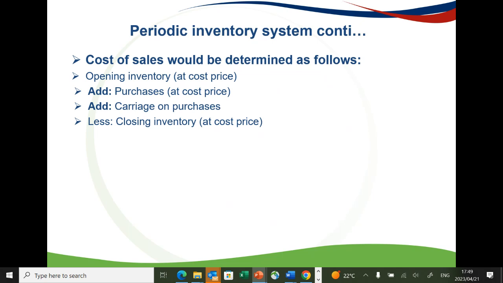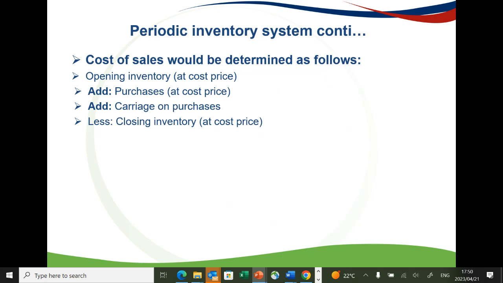We add the purchases that we have made during the year. We also add your carriage on purchases, the cost of bringing the inventory to their stores, which will form part of your purchases. And then we need to deduct what here? We need to go less the closing inventory.